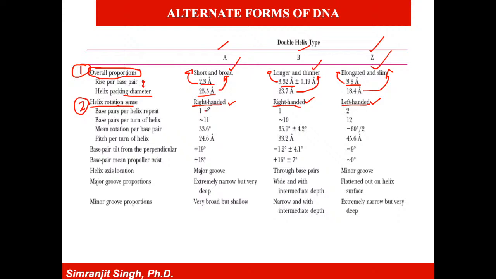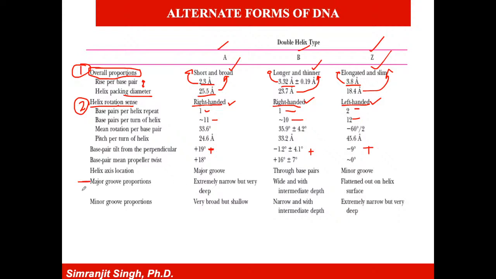So the number of base pairs in the helix repeats are 11, 10, 12, as we have discussed just now. Also tilt, perpendicular tilt: it's 19 degrees here, and here it is minus 1.2 degrees, and here it is minus 9 degrees. So that's the tilt difference between the three of them.